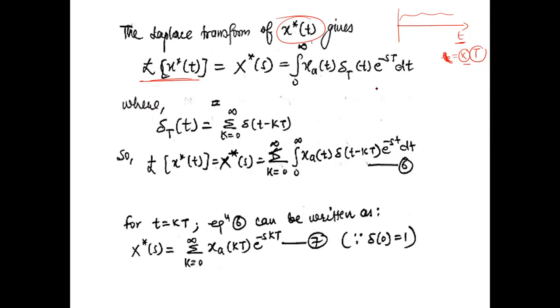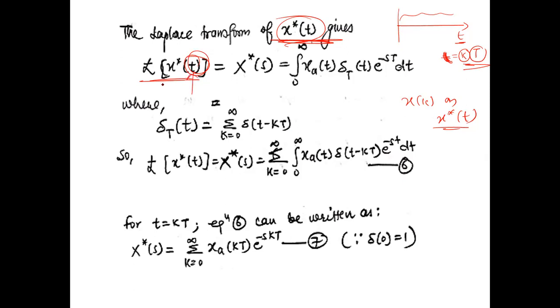So we can represent any xk as x star t. So x star t is also representing the same thing which xk is representing, right? However, we are considering it, instead of taking kt, we are taking it as t.